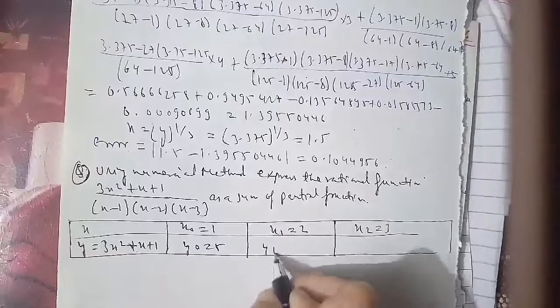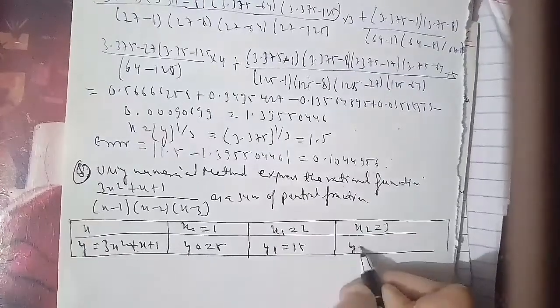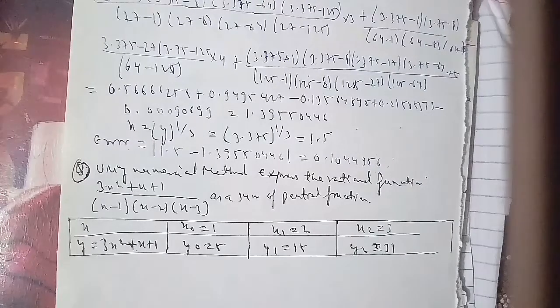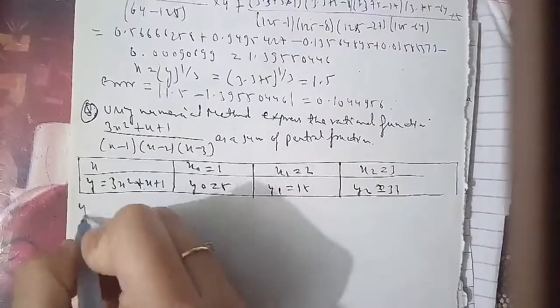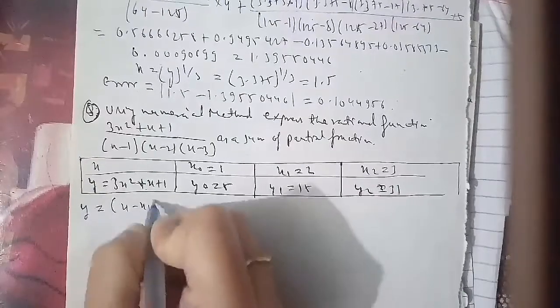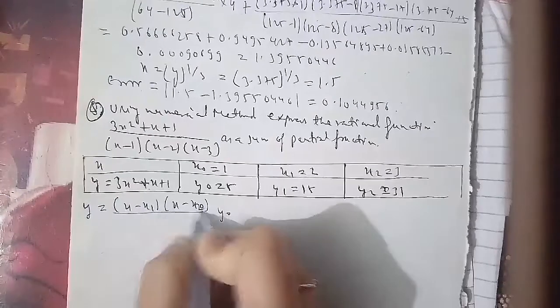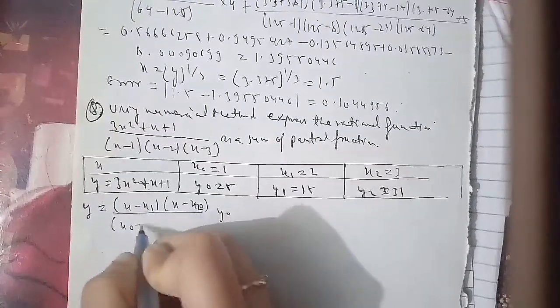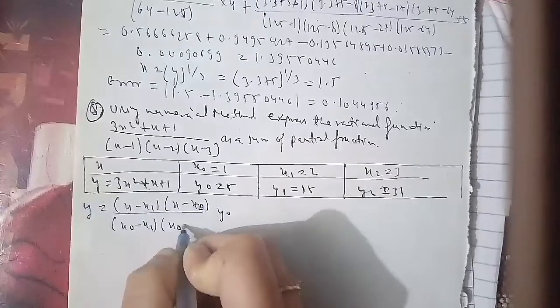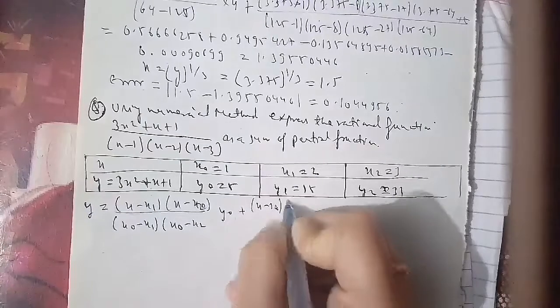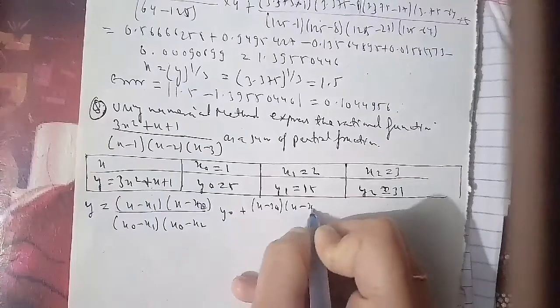We'll get y equals (x minus 2)(x minus 3) upon (1 minus 2)(1 minus 3) into 5, plus (x minus 1)(x minus 3) upon (2 minus 1)(2 minus 3) into 15, plus (x minus 1)(x minus 2) upon (3 minus 1)(3 minus 2) into 31.